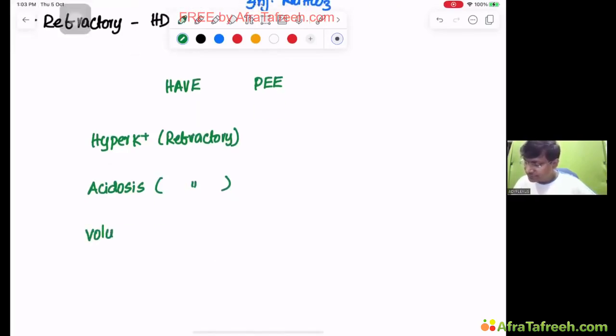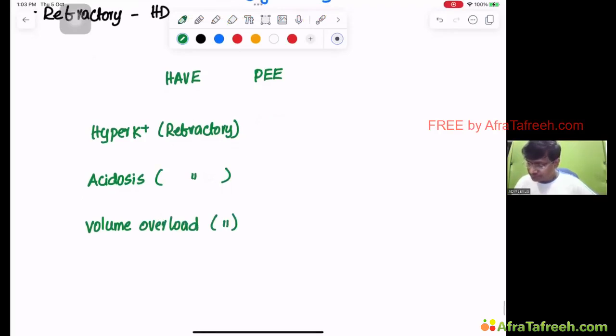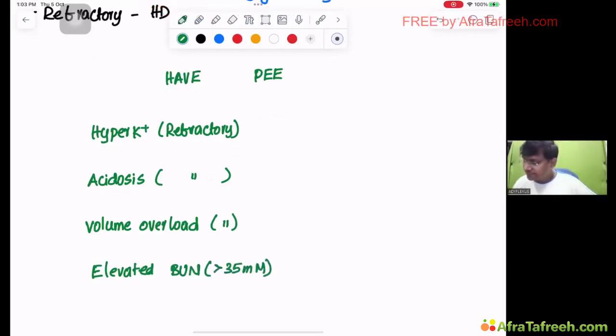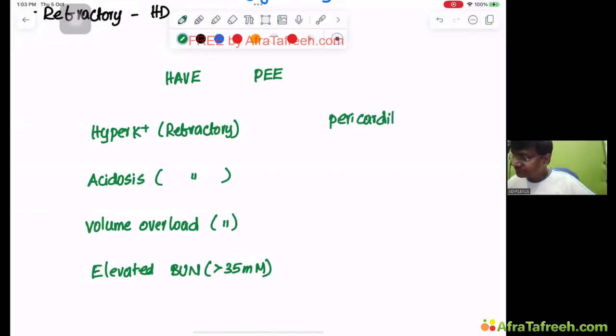V stands for volume overload, that is refractory volume overload. E stands for elevated blood urea nitrogen. And how much should that be elevated? More than 35 millimoles per liter. And then P. P stands for pericarditis.